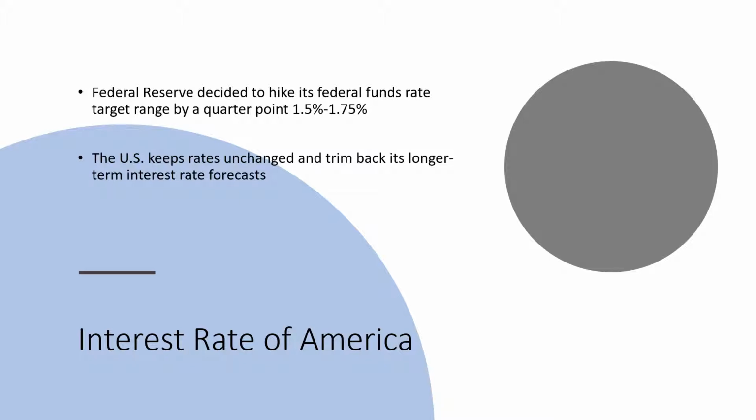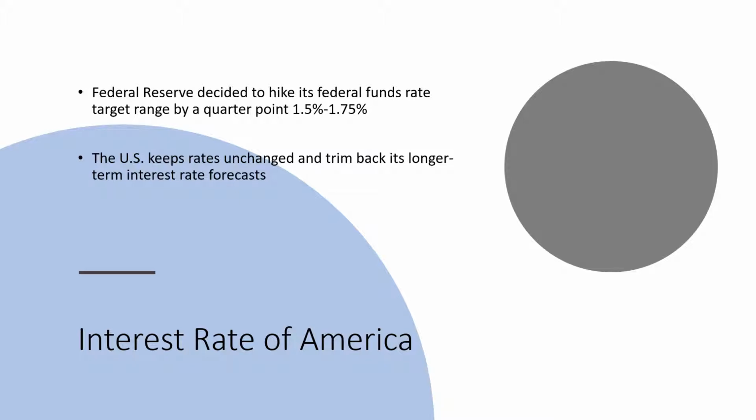The Federal Reserve decided to hike its federal funds rate target range by a quarter point, from 1.5% to 1.75%. The United States kept rates unchanged and trimmed back its longer-term interest rate forecast.